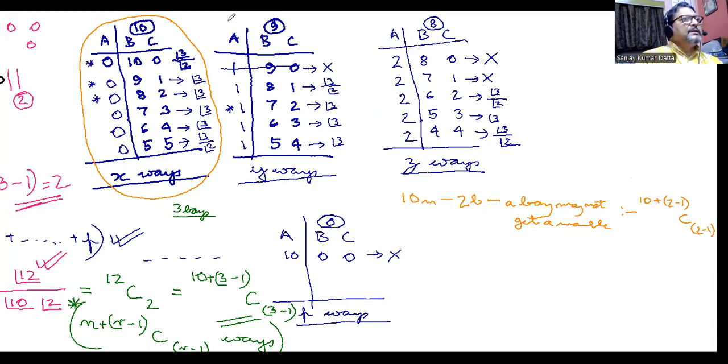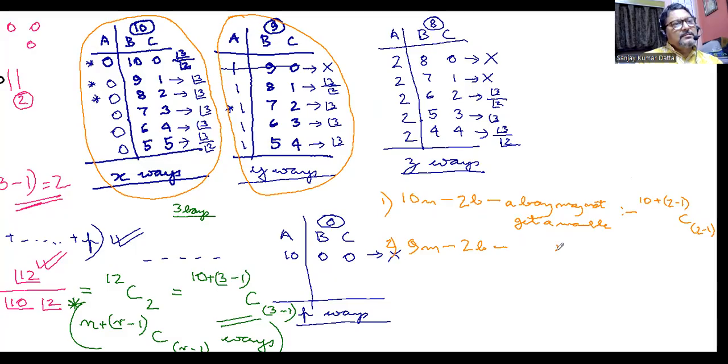Well, in the next case, 9 marbles got distributed among 2 boys, so that a boy may not get a marble. And the result was 9 plus 2 minus 1 C 2 minus 1 ways.